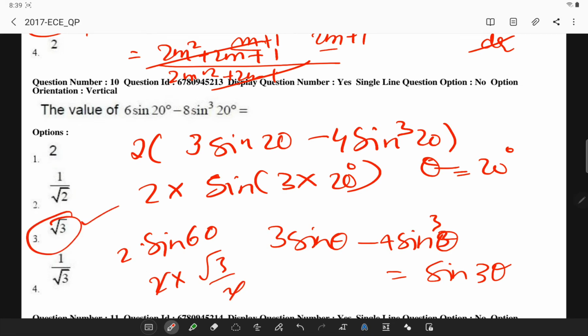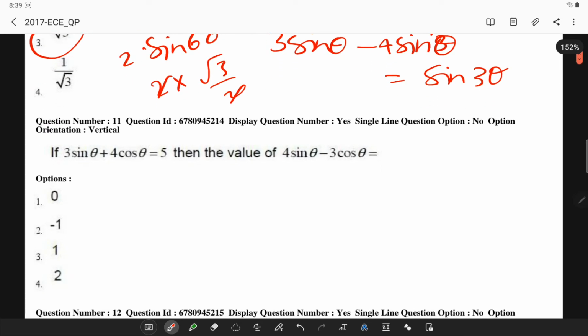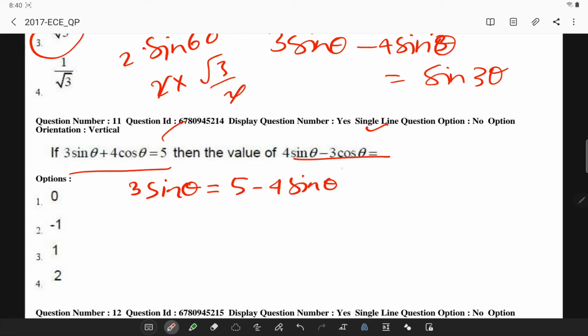Next, if 3 sine theta plus 4 cos theta is 5, what is the value of this? So I will simply send this 4 cos theta, keep the 3 sine theta here, is equal to 5 minus 4 cos theta.